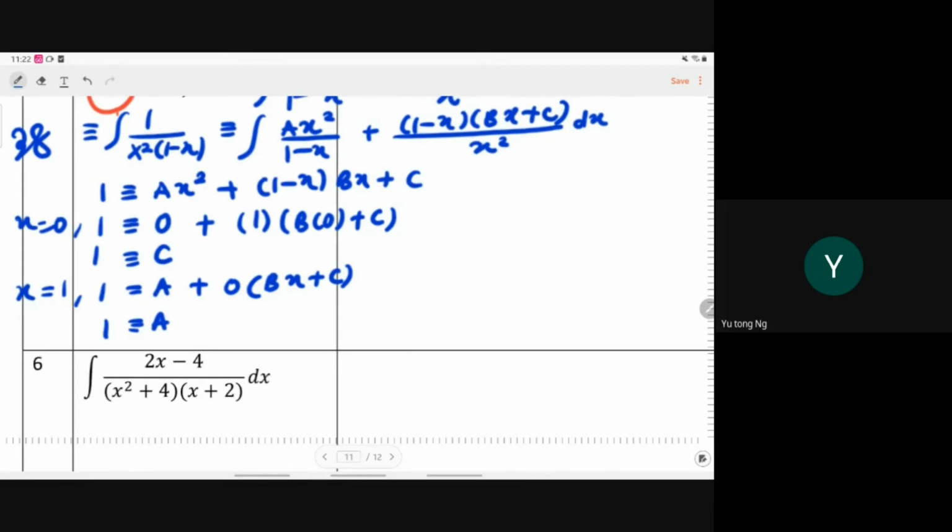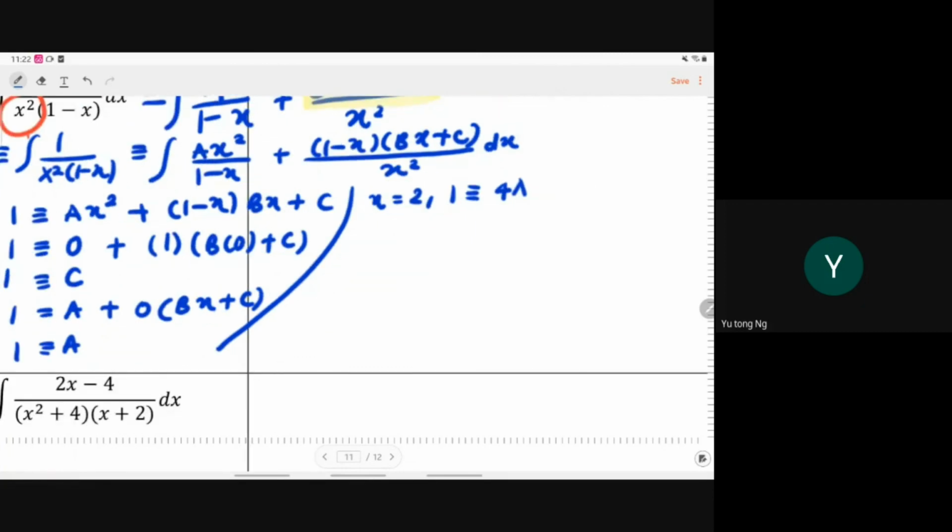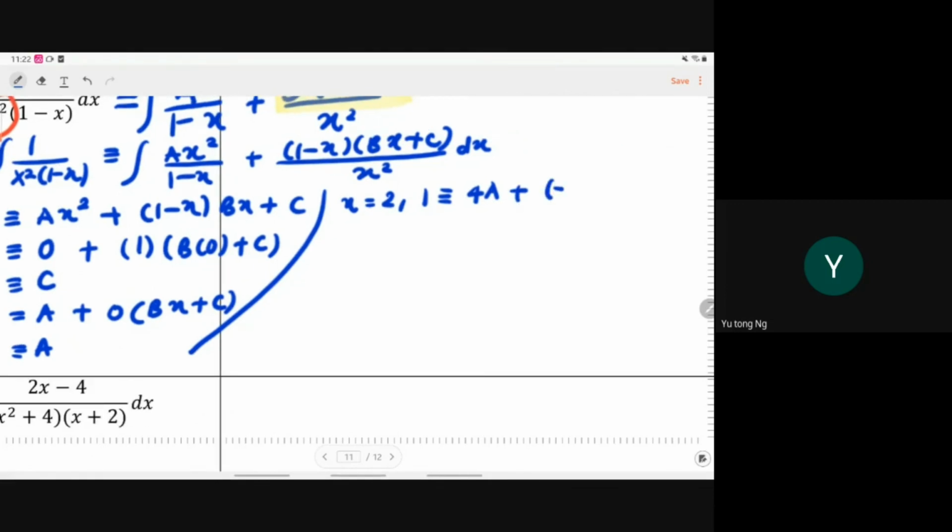So maksudnya b you can substitute with any values of x, other than 0 and 1. Perhaps you can try with number 2 when your x equals to 2. Then it becomes 1 equivalent to 2 to the power of 2, 4a. So your a is 1. Plus 1 minus 4, so become negative 3, times (bx plus c).